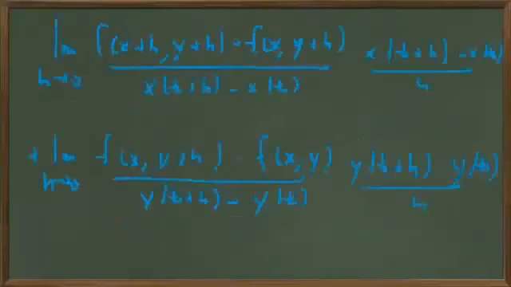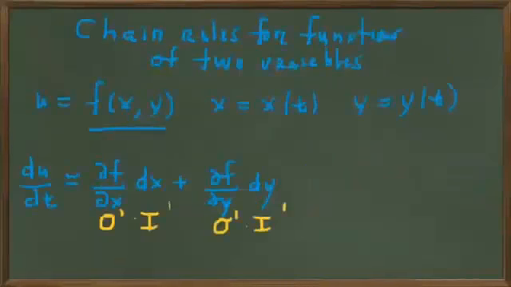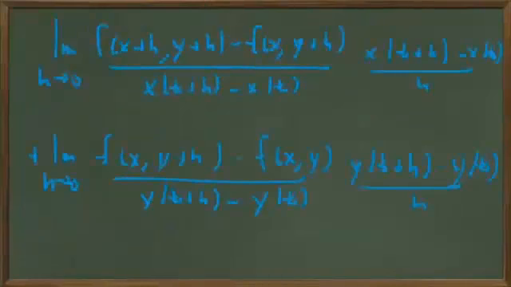So if you look at this next blackboard, what we're doing to calculate this du dt here, let's see, we actually are splitting it up into the sum of two derivatives, or two limits.